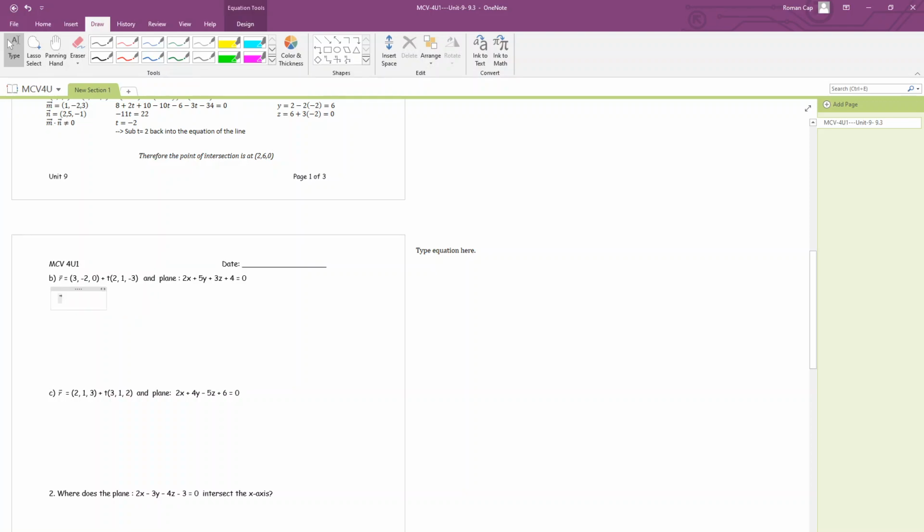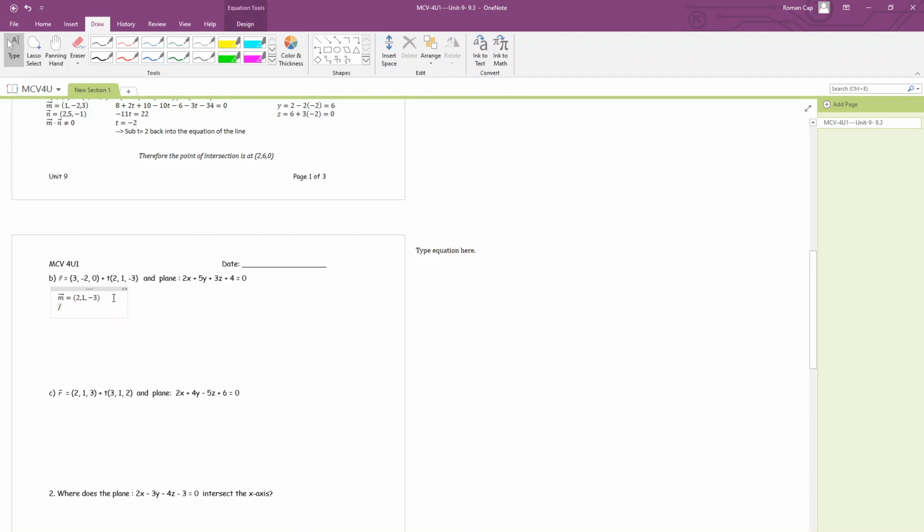So we're going to start with the vector m, and that's equal to (2, 1, -3). Sorry, that's my mistake. Actually, it's (2, 1, -3), and that comes from the vector equation.